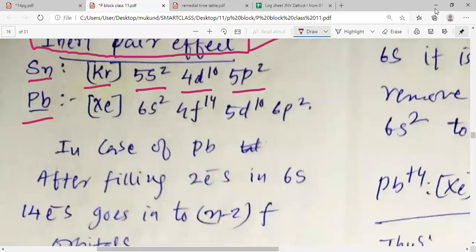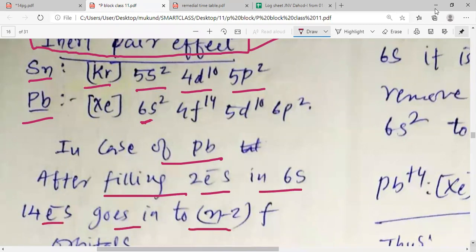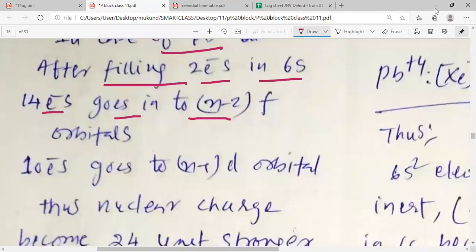Let's move forward. In case of lead, after filling 2 electrons in 6s, this is what I'm talking about, 14 electrons go into the n minus 2 f orbital. See, this is 6 minus 2, that is 4, the 4f orbital, and 10 electrons go into the n minus 1 d orbital.